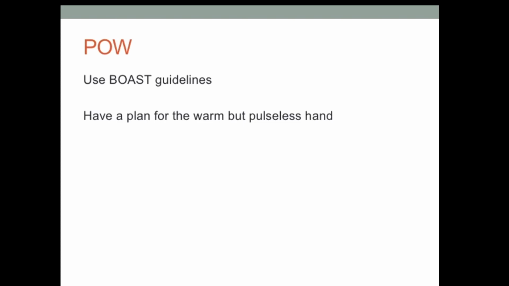And then I think my second pearl of wisdom is to have had a discussion with your various trauma consultants as to what their feeling is regarding managing warm but pulseless hands, and what the prevailing ethos is within the department that you're working, so that when you are presented with this, you have a rough idea what to do with it.